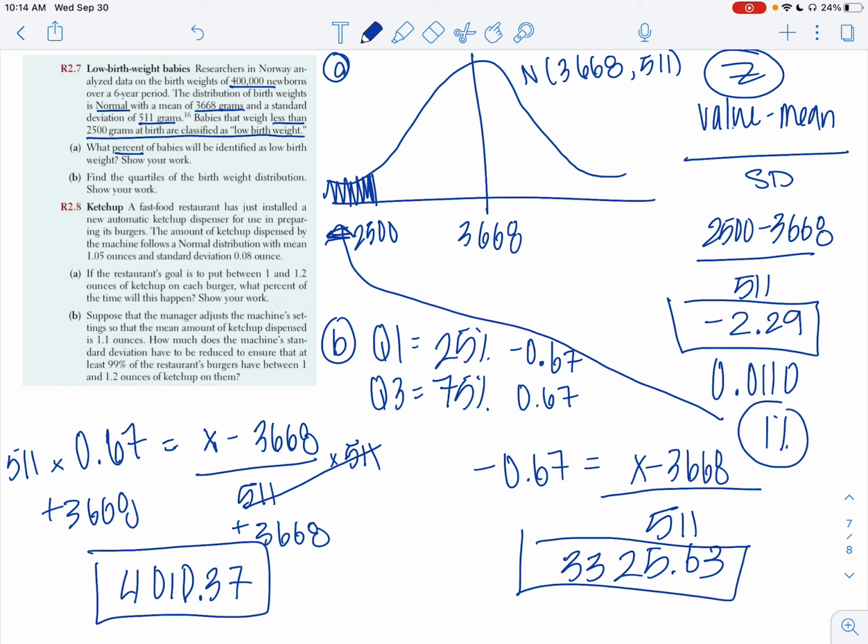So those are the two values that we're going to get when we look at this. All right, so we have those two there. Those are the quartiles of the birth weights. This is Q3 and this is Q1 based on that.